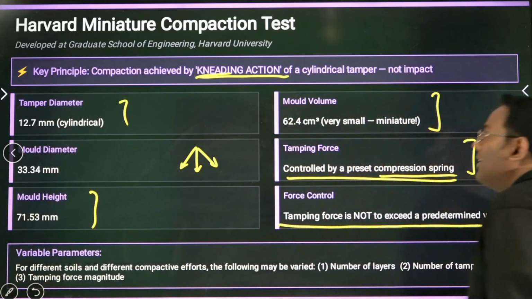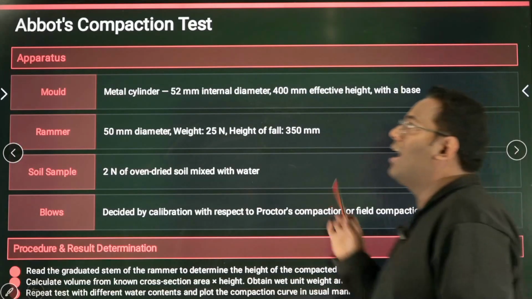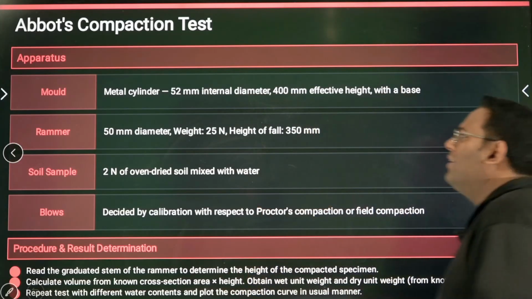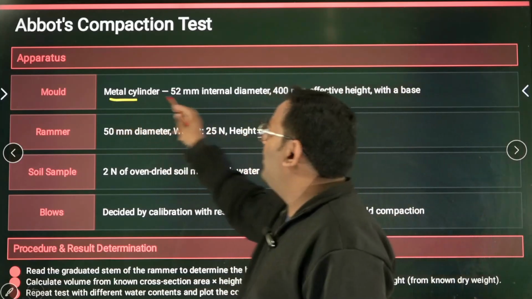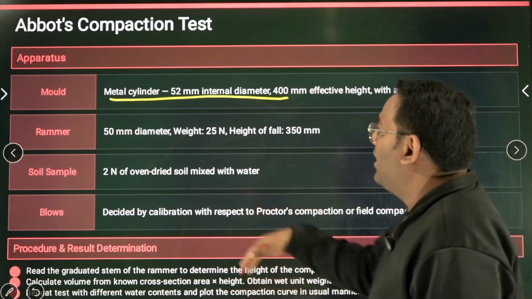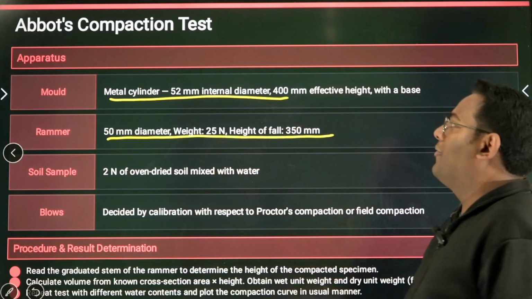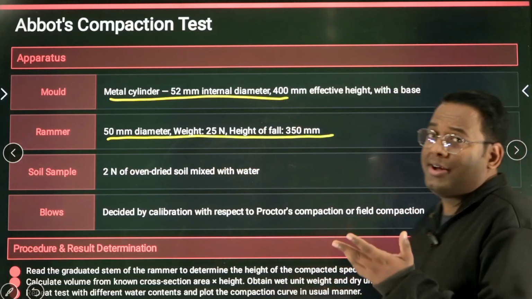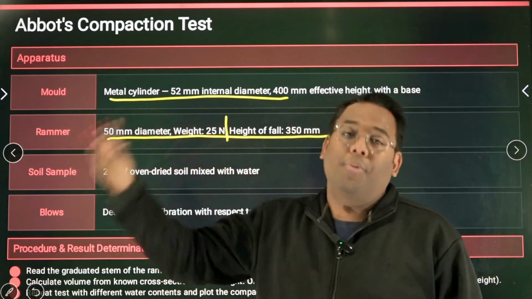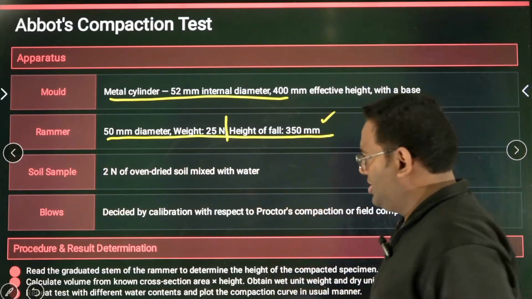Now let us move ahead to the next test, which is Abbott's compaction test. This test again has a cylindrical metal mold with different dimensions, whereas the rammer is 50 mm diameter, 25 N, with 350 mm height of fall. So these two values are the same as in your Proctor test, but the third value is somewhat changed here.